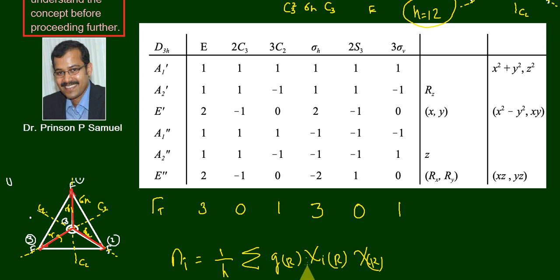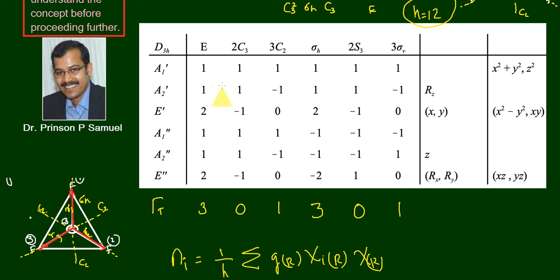And chi iR is the character corresponding to the operation R in the ith irreducible representation. For example, if you are calculating for A1 prime, the first irreducible representation, then i is nothing but A1 prime.